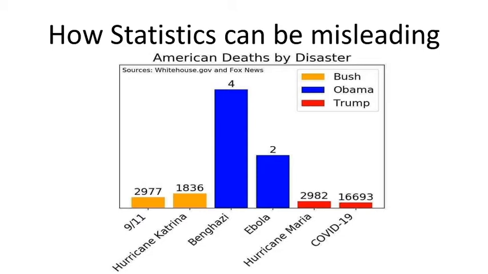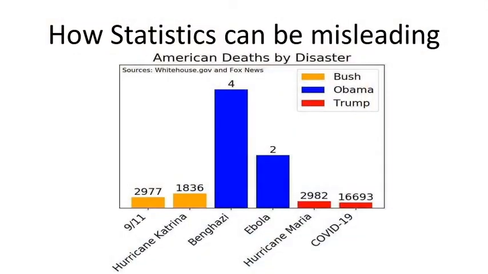If you don't understand how statistics work, this chart is just going to straight up lie to you and mislead you and make you think that Benghazi and Ebola were a much bigger deal in terms of death toll compared to things like Hurricane Katrina or Maria or COVID.